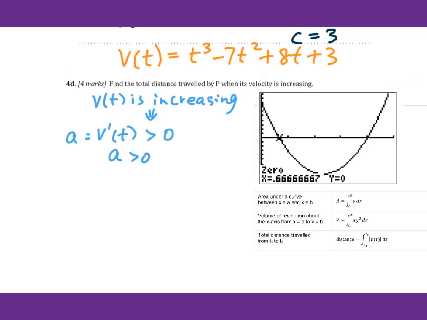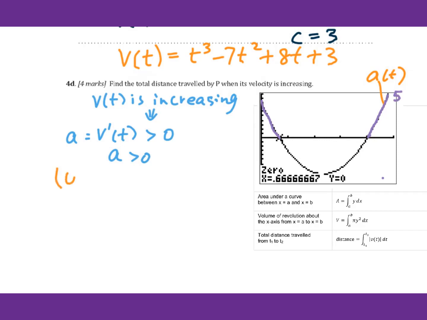From this a of t function, we have two parts. The velocity is increasing from 0 to 0.667 and from 4 to 5.